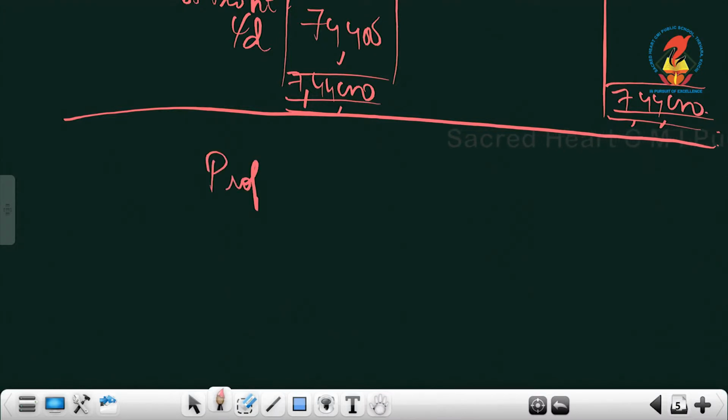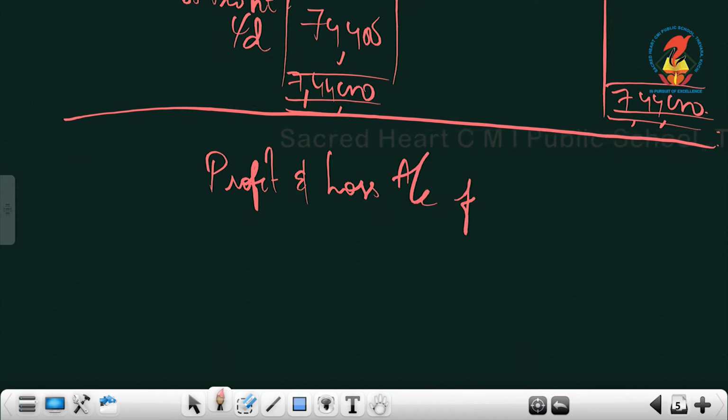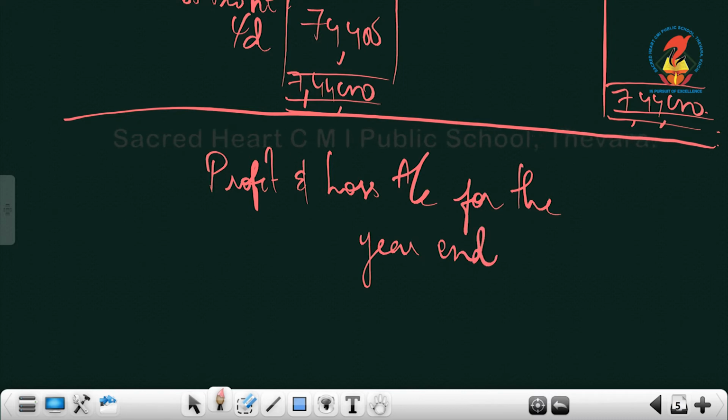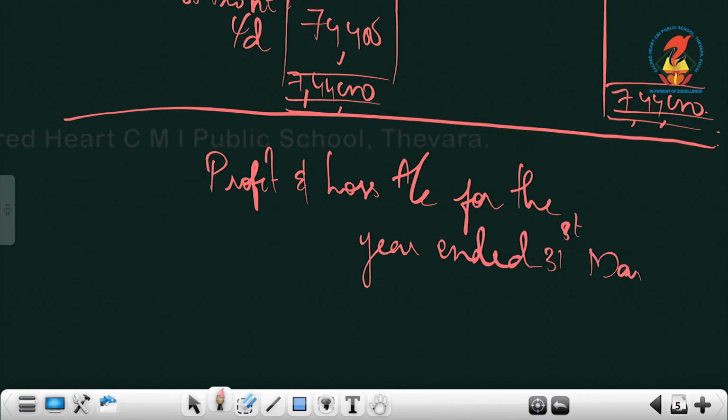So we'll write this. You give the heading: profit and loss account for the year ended 31st March 2020.